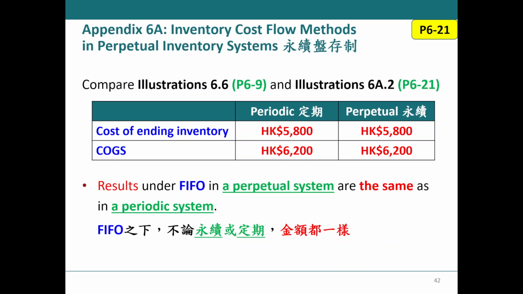So FIFO is quite simple, easy. No matter you use perpetual or periodic, you will get the same answer, because we sell the same inventory.